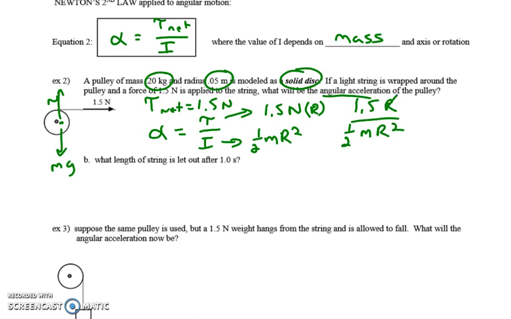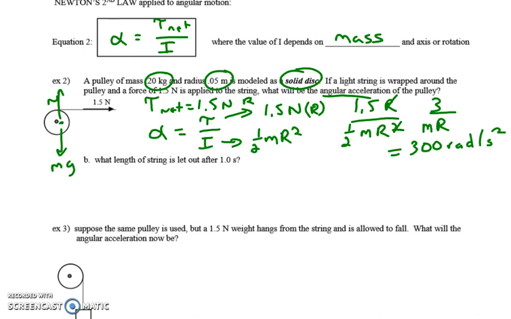We see that one of the r's cancels out, the 1/2 comes up on top, and we have 3 all over m times r. If you plug in the numbers for that, you will get 300 radians per second squared. So again, tau net is 1.5 newtons times r, and the moment of inertia based on the shape is 1/2 mr squared.